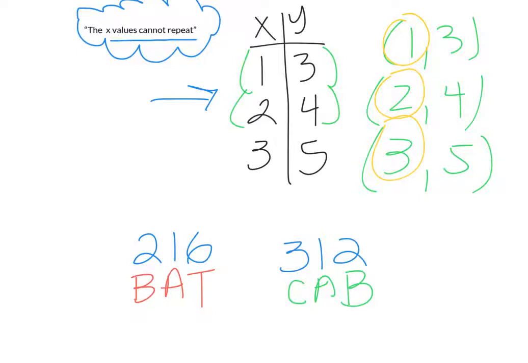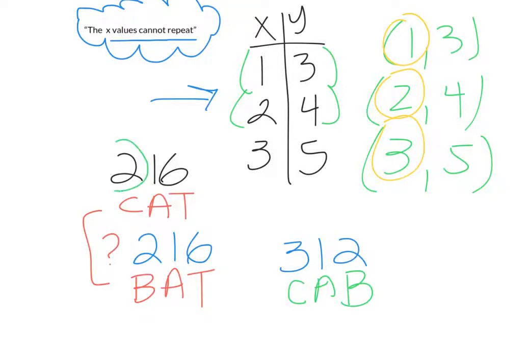So if you told your brother to go and get the 216 out of the room and bring it to you, is it going to be the cat or the bat? Because in this case, you have a 2 standing for a C and a 2 standing for a B, this is not a function.